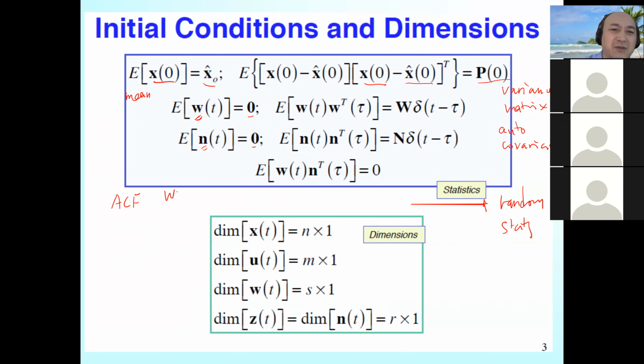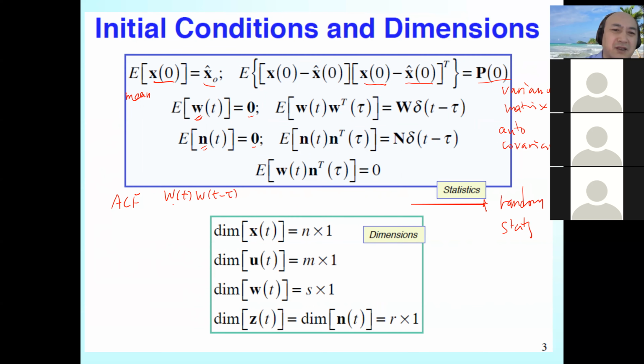You have the W noise at time T, and at T plus tau, so the distance between them is tau.